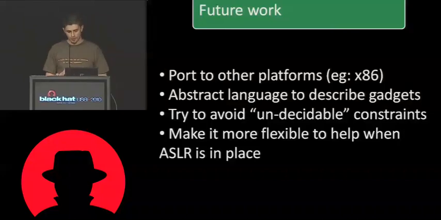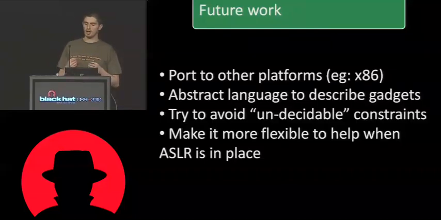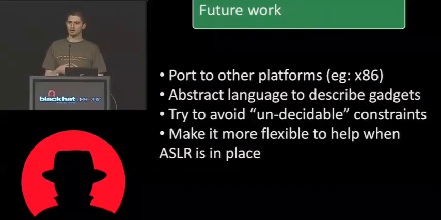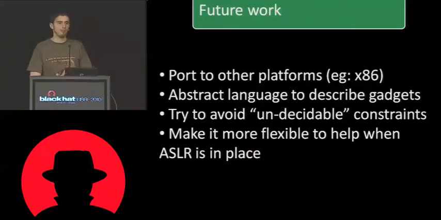The other thing we plan to do is make sure that our tool is able to generate what is called a return-oriented programming egg hunter. An egg hunter is responsible for finding other gadgets in memory so that you can form the entire payload in memory. So that's pretty much what we plan to do in the future, hopefully.